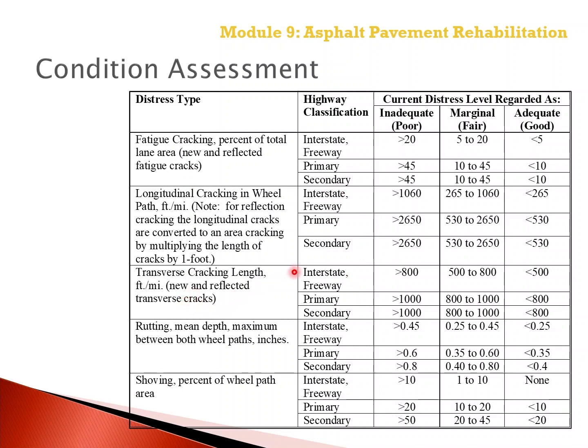It provides suggestions on whether for a specific distress, the existing flexible pavement is considered inadequate or poor, or marginal or in a fair condition, or is considered adequate and in a good condition, relative to the different flexible pavement distresses that can be used in the rehabilitation design.